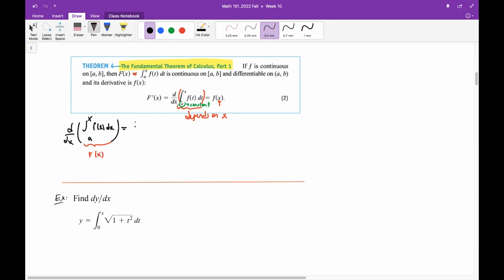So what we have is something like this. And since this is a definite integral, I need to insert these boundaries. So you see, the integral is from a to x. That's why you are inserting these boundaries here. Okay.